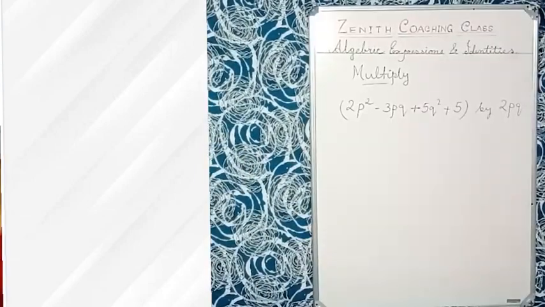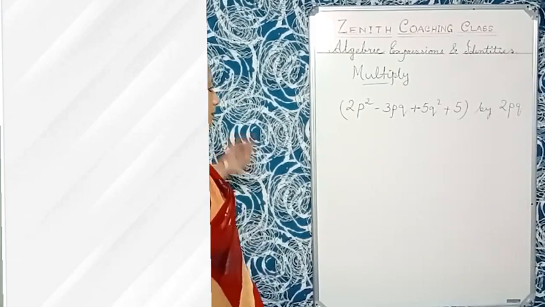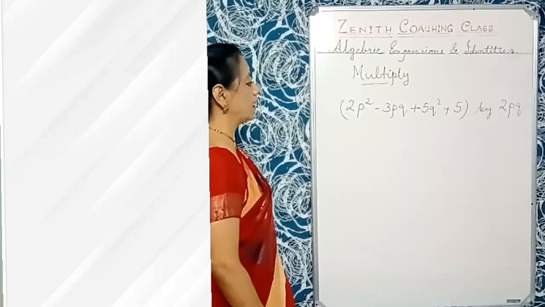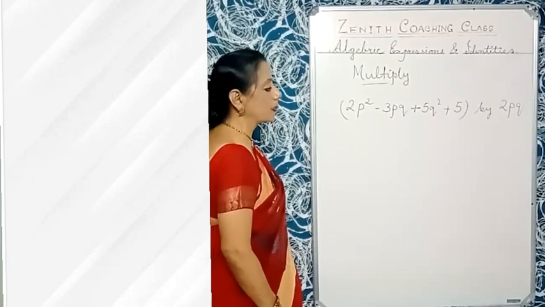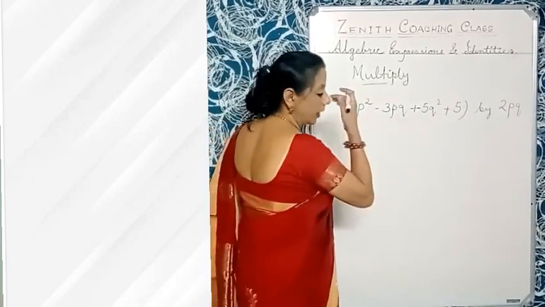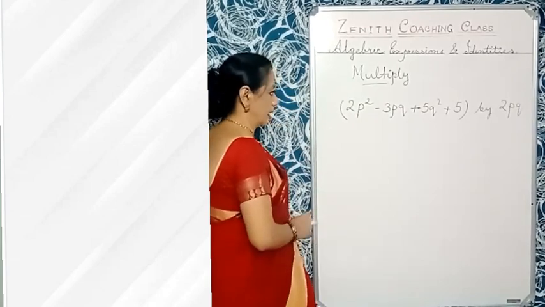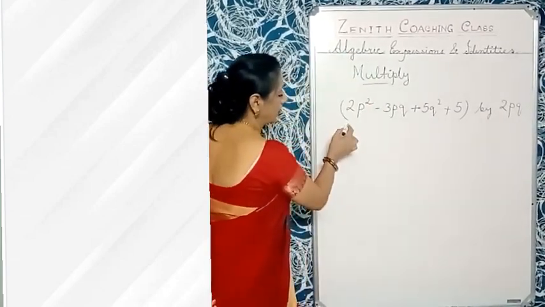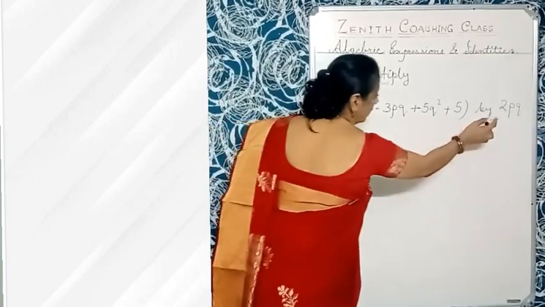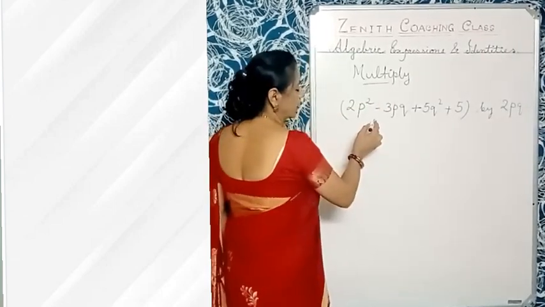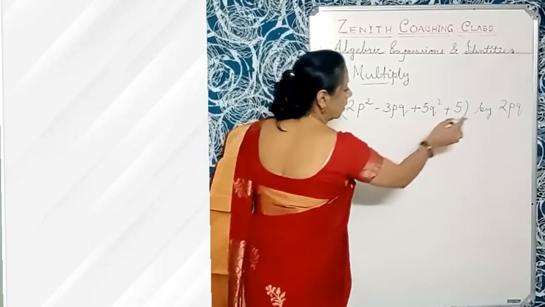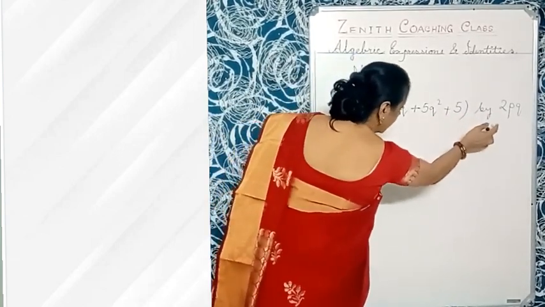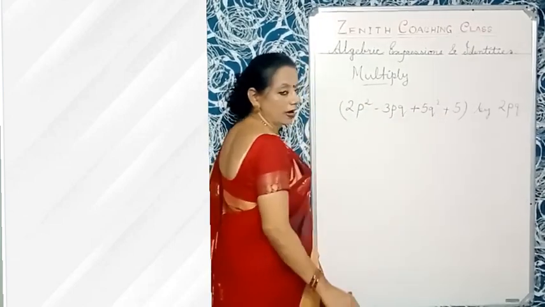So children, here is the next sum. You have to multiply 2p square minus 3p cube plus 5q square plus 5 by 2p cube. So you have to multiply plus 2p cube multiplied by 2p square, then 2p cube multiplied by minus 3p cube, plus 2p cube multiplied by 5q square, plus 2p cube multiplied by 5.